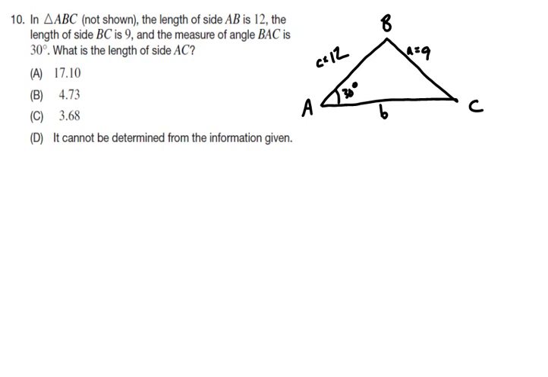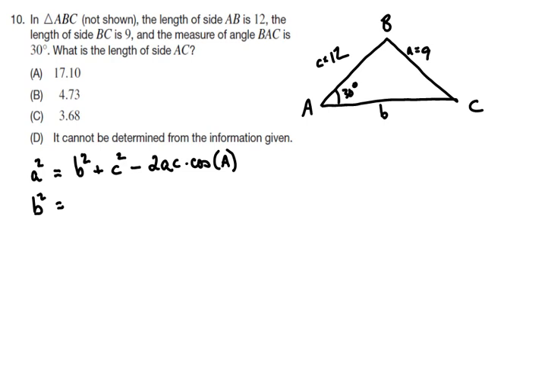Now there are three forms of the law of cosines. The first is when you're trying to solve for side A and you know sides B and C and angle capital A. It looks similar to the Pythagorean theorem, and so this is often called the enhanced or the generalized version of the Pythagorean theorem.